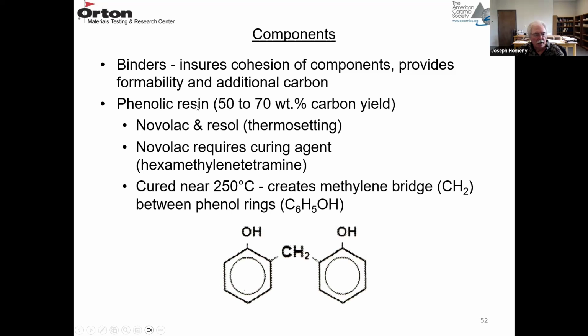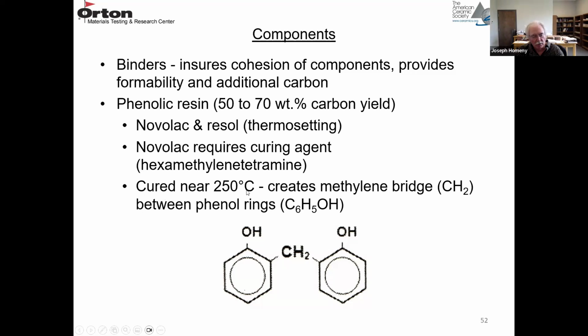So again, a phenolic resin, 50 to 70 weight percent carbon yield. There's two types of resins, a Novolac and a Resol. They're both thermosetting. The Novolac requires a curing agent, hexamethylene tetramine. So they provide the formability and the bonding.